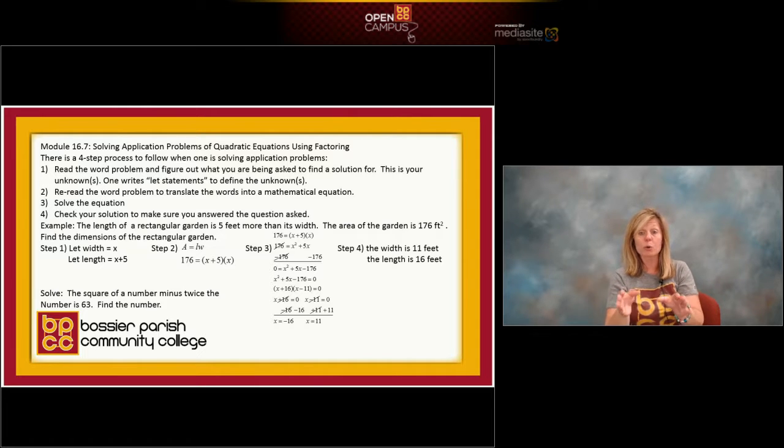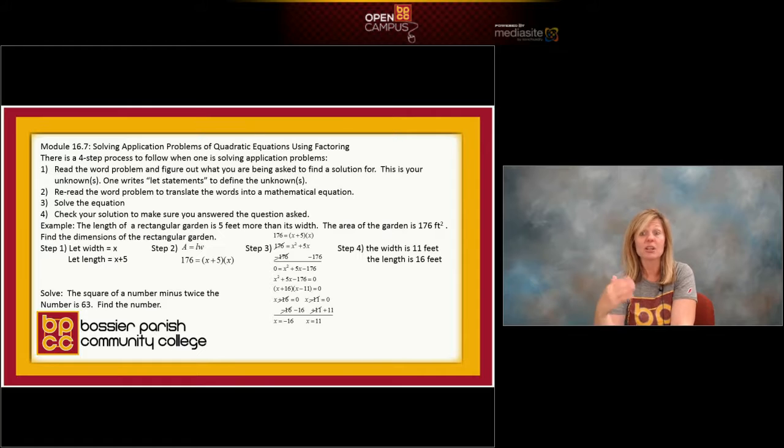Now, all we're going to do is replace those letters A, L, and W with the information we know. A is area, and we know it's 176, so we put that in that spot. L stands for length, and you told me in step 1 the length was x plus 5. W is width, and you told me in step 1 the width is x. Because L and W are connected by multiplication, that's why there are parentheses around the x plus 5 and x. So now we have an equation.